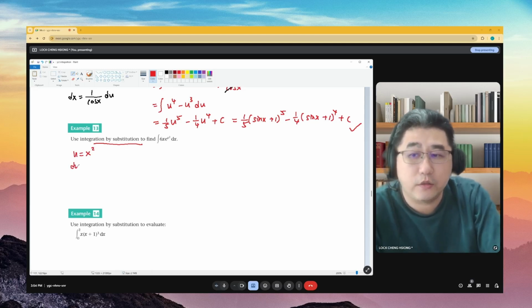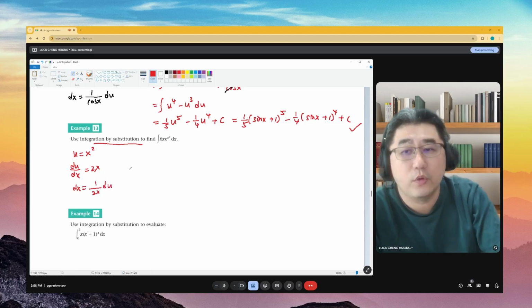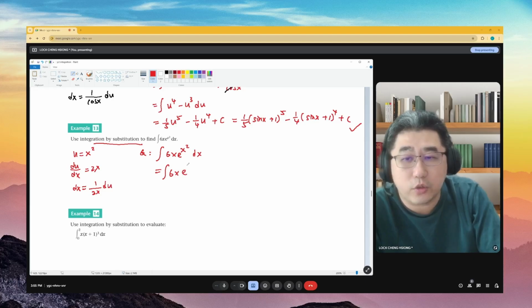Then du dx equals 2x. Then I write dx in the form of 1 over 2x du. From the question, I have the integral of 6x e to the x squared dx. So the 6x I do not disturb, and x squared I change to u, then the dx I change into 1 over 2x du.